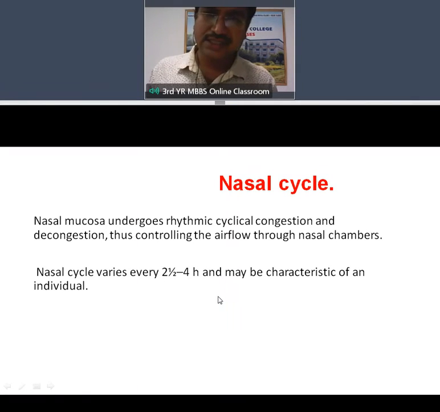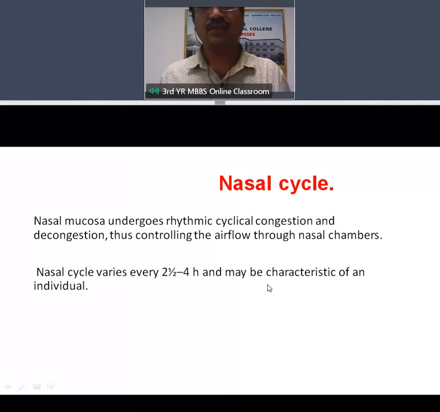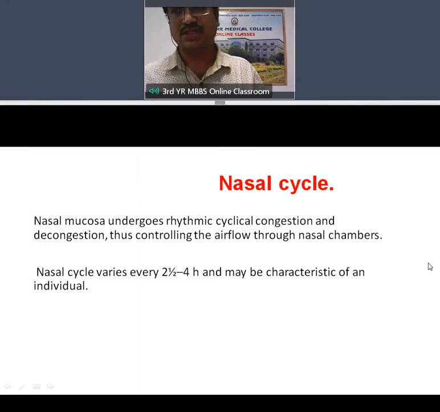In the decongested side, majority of the air will pass through the decongested nostril. That is the natural mechanism, the rhythmic cyclical congestion and decongestion of the nasal mucosa, so that it will regulate the respiratory function of the nose.